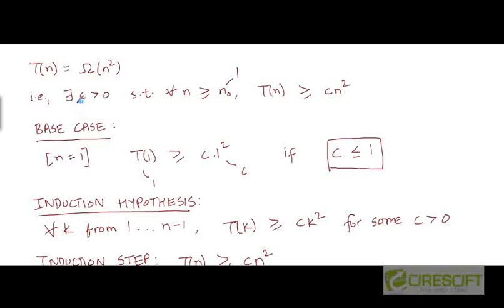So there does exist a C that's greater than 0 such that for all values of n greater than or equal to 1, T of n is bounded from below by a constant multiple of n square. This means that T of n is in big omega of n square.